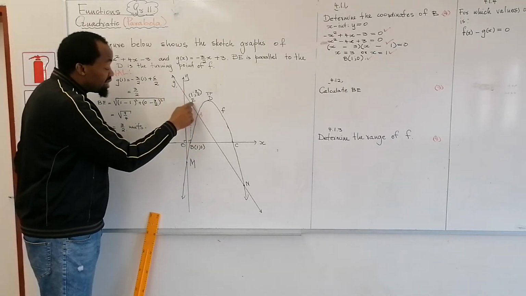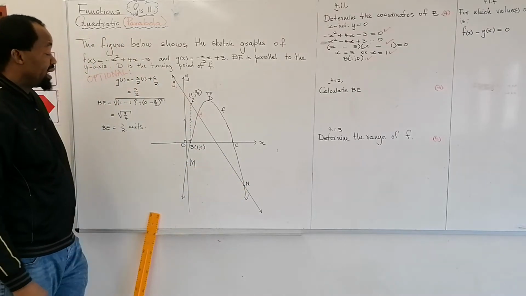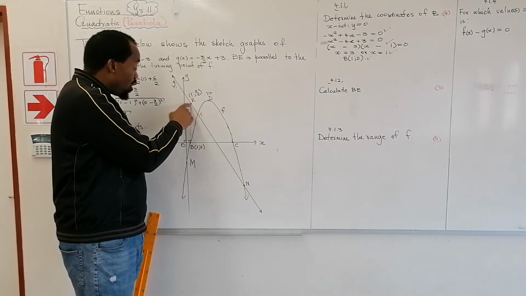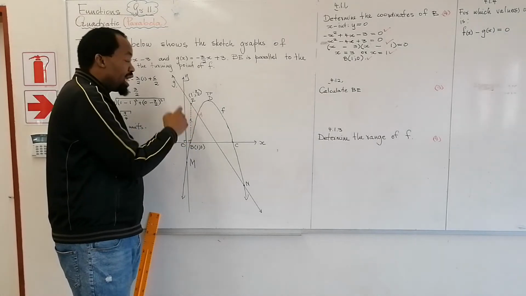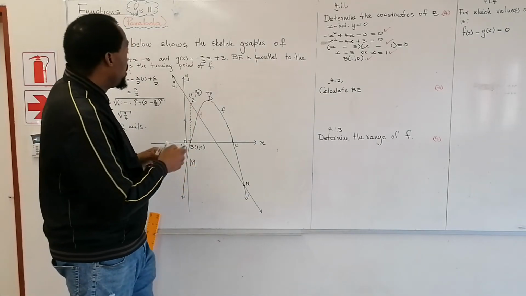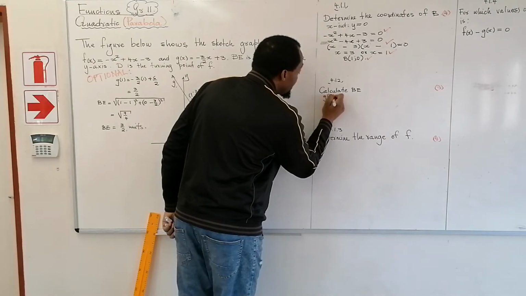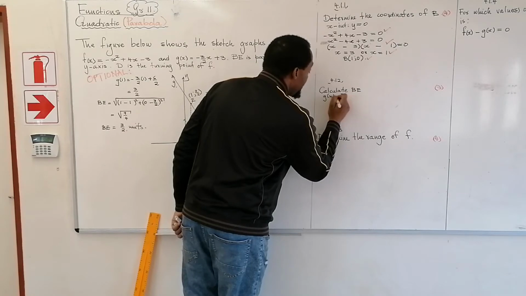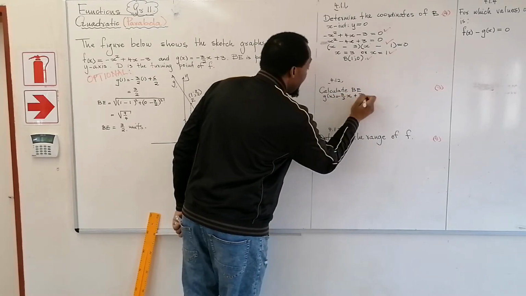And I can see that this point lies on the straight line. By just determining the value of y of that point, I will be knowing the length of that line. Now, how do I do that? I take g of x, which is minus 3 divided by 2 x plus 3.